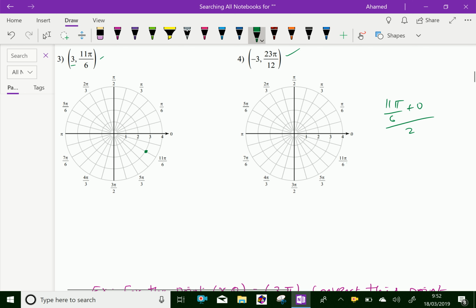The middle of 0 and 11 pi by 6 is 11 pi over 12, which is the point here, but we have the radius minus, so it is in the opposite of that same place. So here this is the point coordinate of that point, which is minus 3 comma 23 pi by 12.